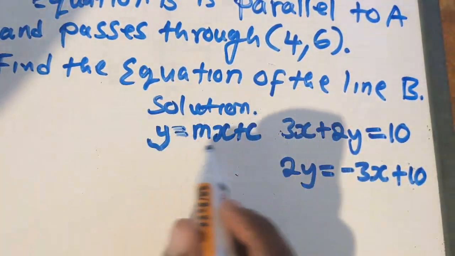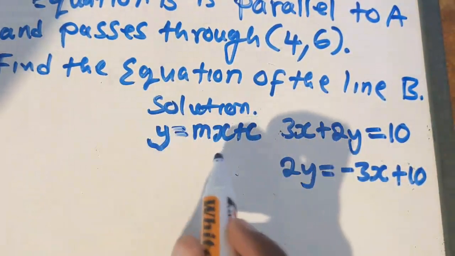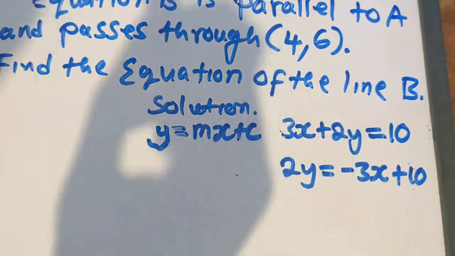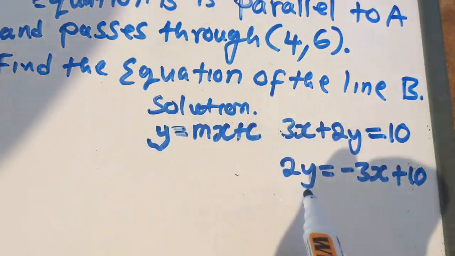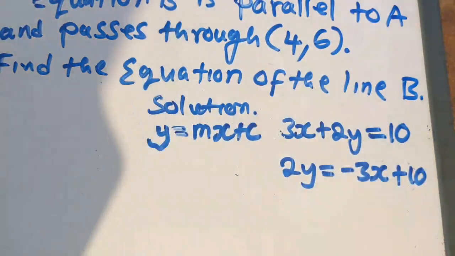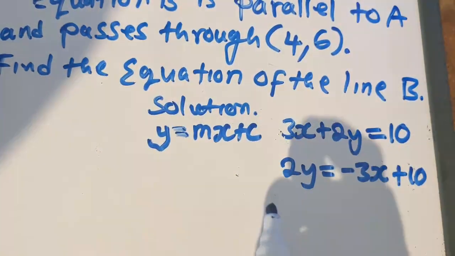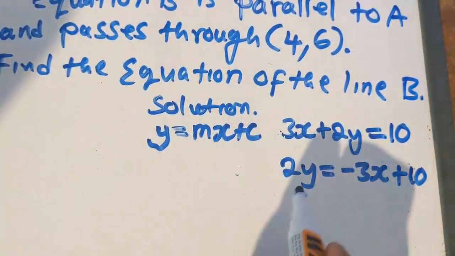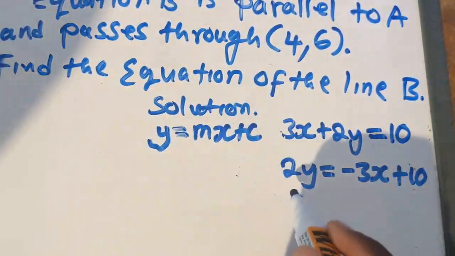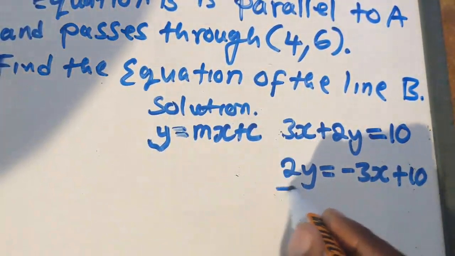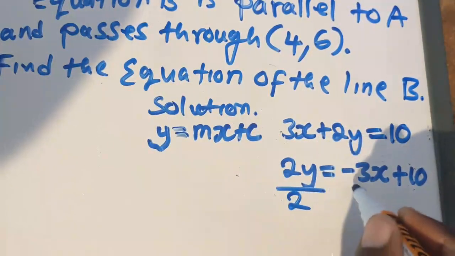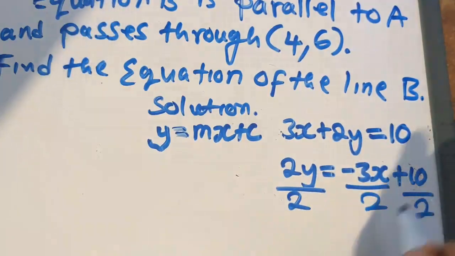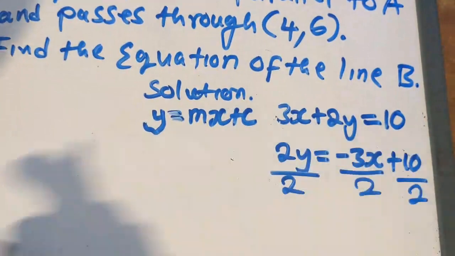This standard equation shows that y is supposed to be alone, not 2y, not 3y, not 4y, not any number attached to y. The coefficient of y has to be 1. So we need to divide by 2 throughout, so that y can be alone.